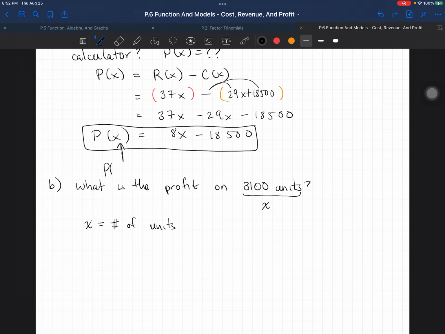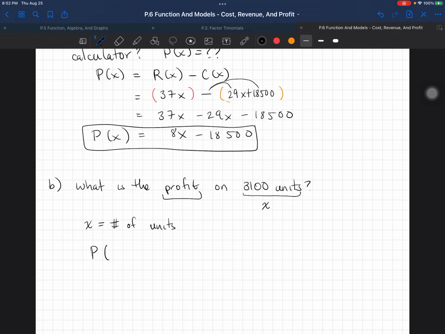If this would have been a P of S, then S would have been the number of units. So it always corresponds to the independent variable of the function.